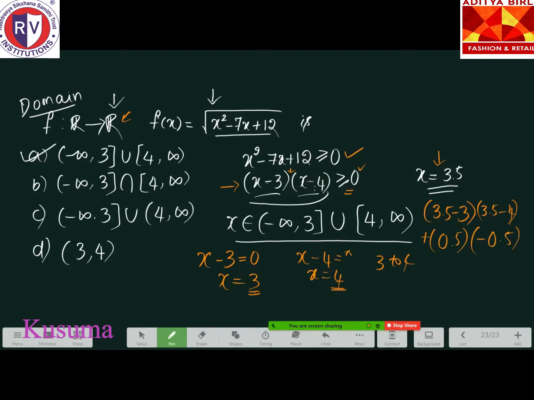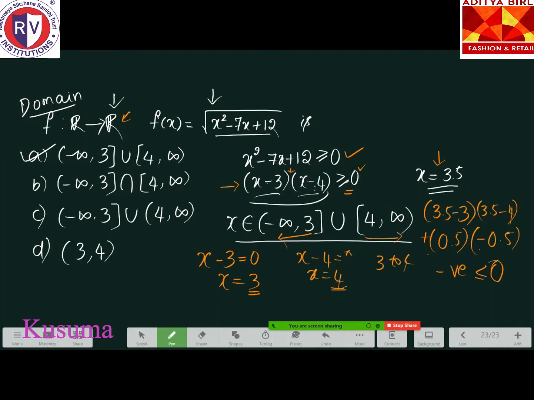Positive into negative will be a negative value, but a negative value cannot be greater than or equal to 0. So the values between 3 and 4 will not hold good for this condition. So the values must be either less than 3 or greater than 4.